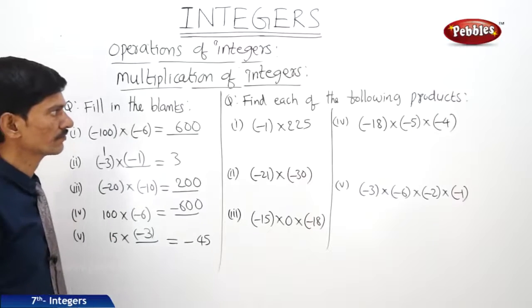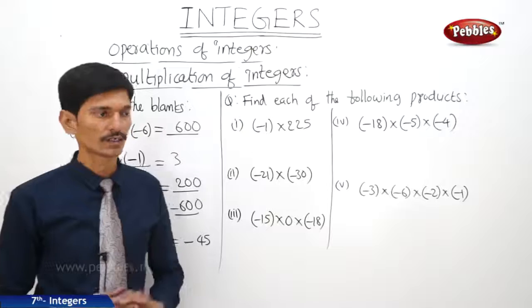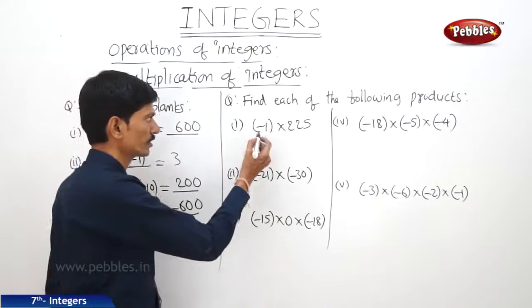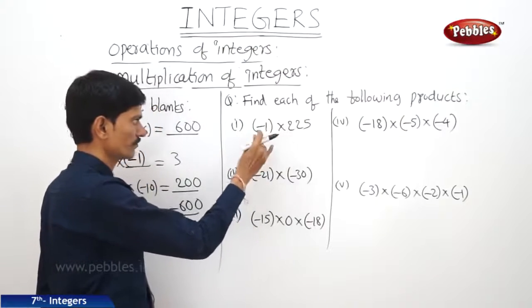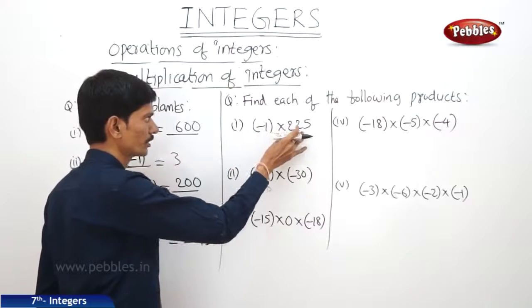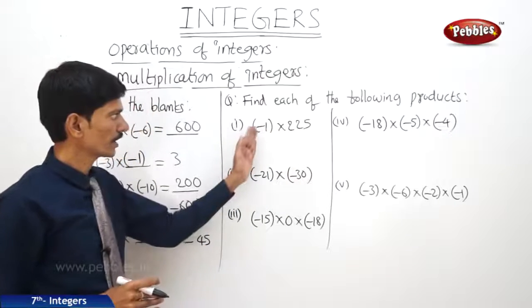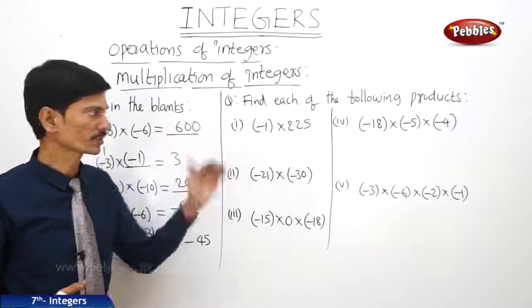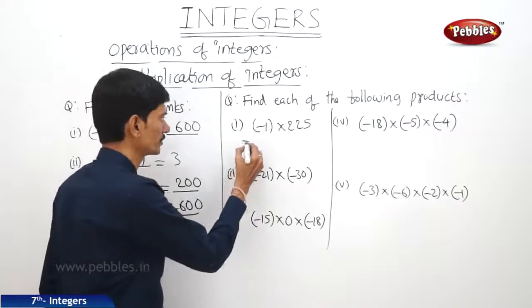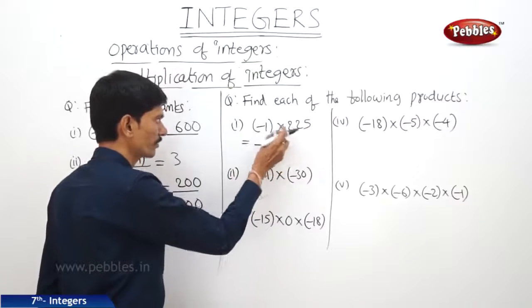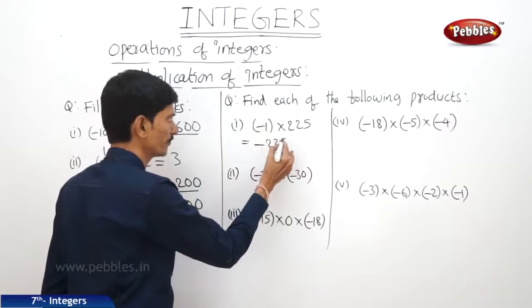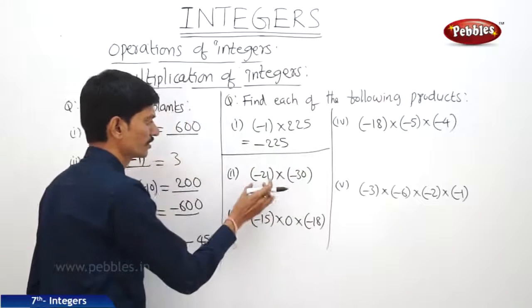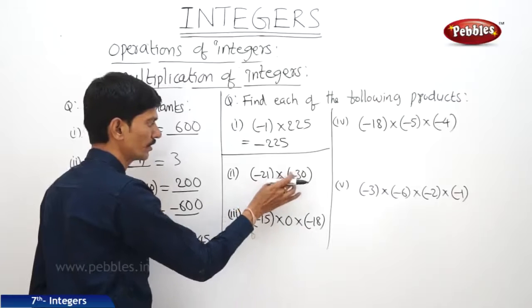Now let us find each of the following products. In the first question, -1 into 225. Here a negative integer is multiplied by a positive integer, so we get the product as a negative integer. That is minus, and 225 ones are 225. Next question, minus 21 into minus 30.